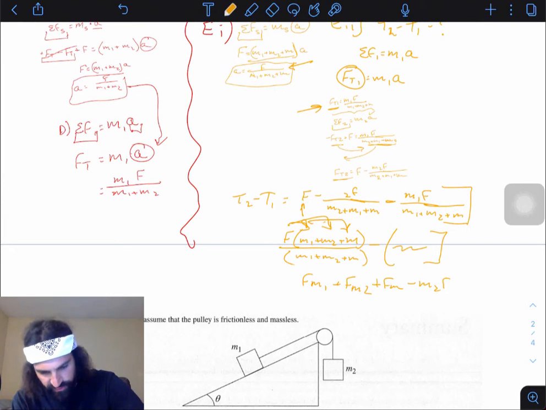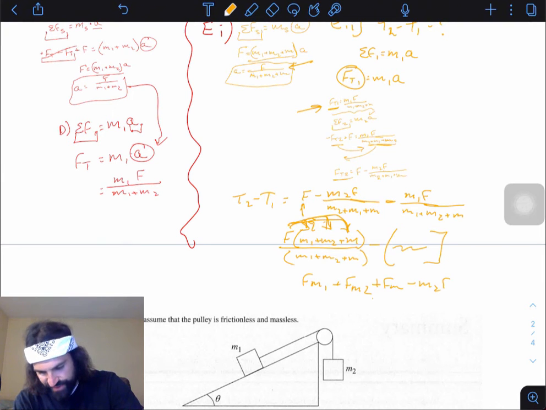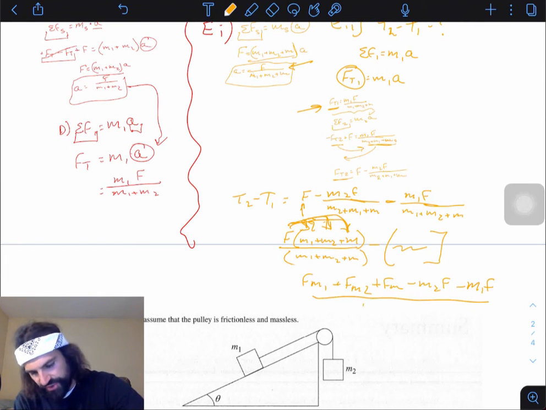I need to be really careful about that. I put that bracket there so I knew what Vujja represented. F minus that, minus. So, distribute plus, or minus m2f minus m1f over our new common denominator, the total mass, m1 plus m2 plus m.